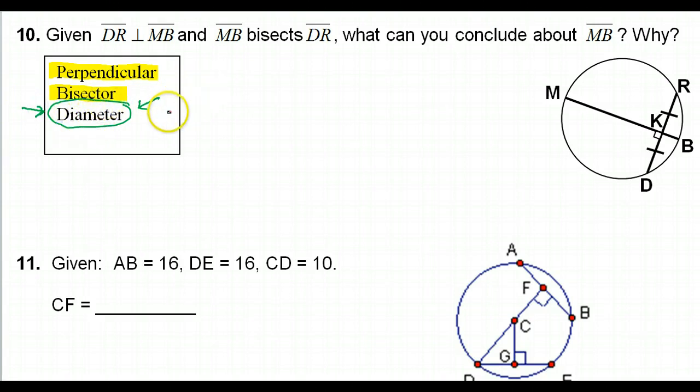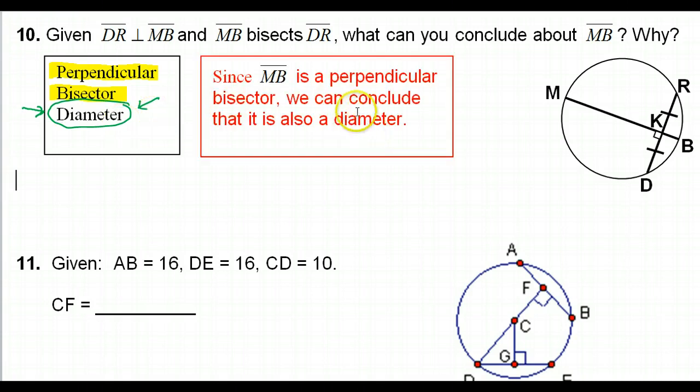So it's just a matter of putting this into words. And if I were you, I'd write it up this way. Since segment MB is a perpendicular bisector, we can conclude that it is also a diameter. Notice how I used all three of these words, starting with the two things we were given, and then ending with the thing that we are concluding is true.